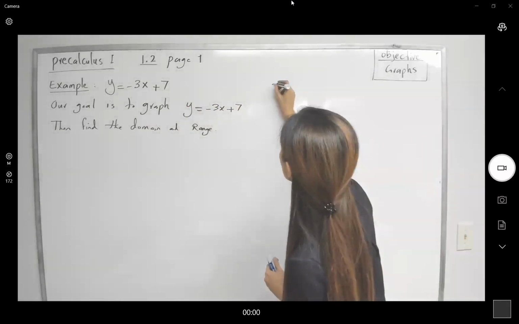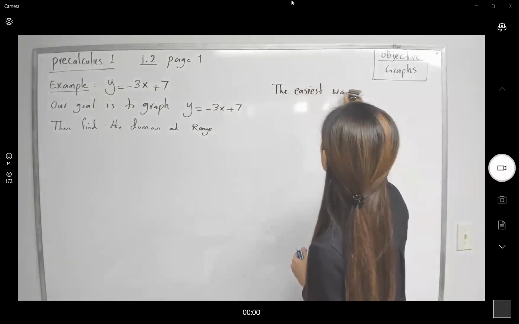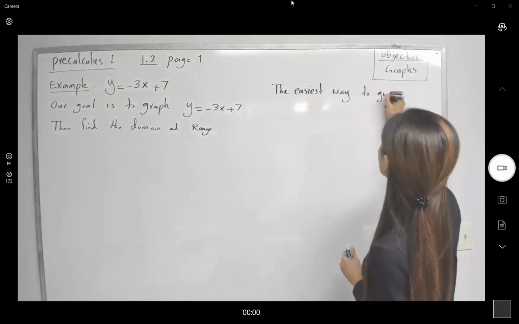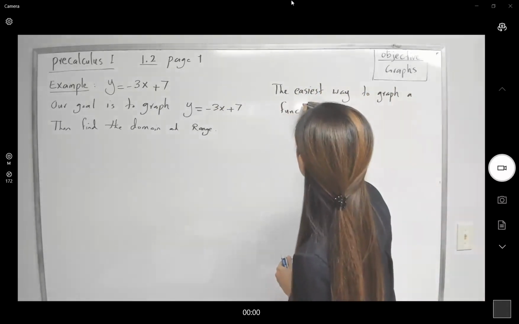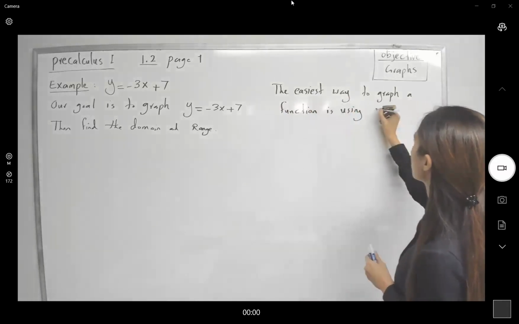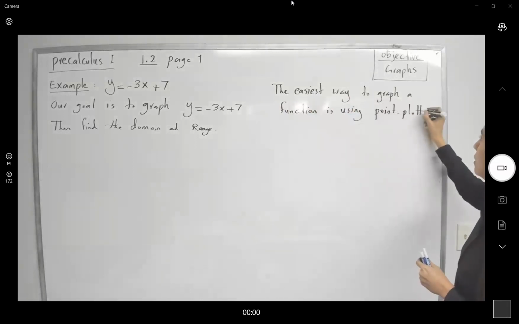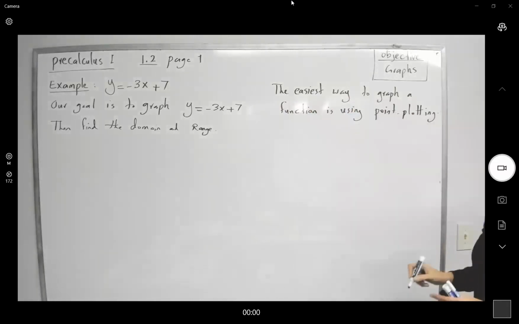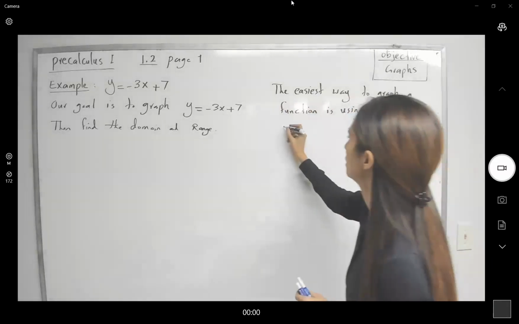Okay, perfect. How do we graph this guy? The easiest way to graph a function is using the method of point plotting. What is that method? We're going to use a small table.